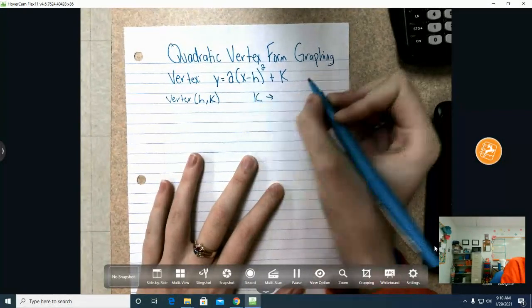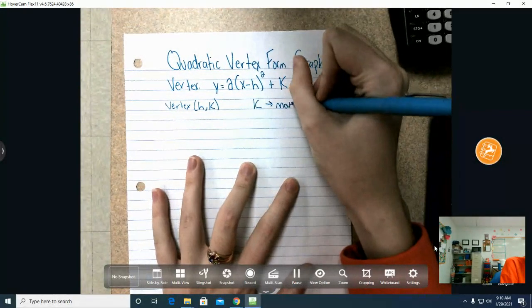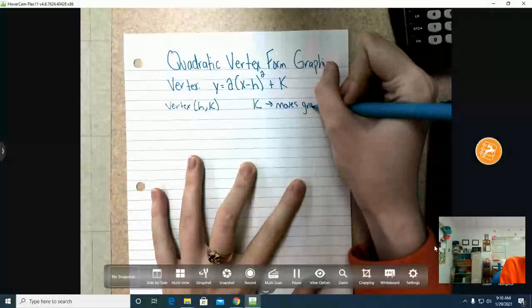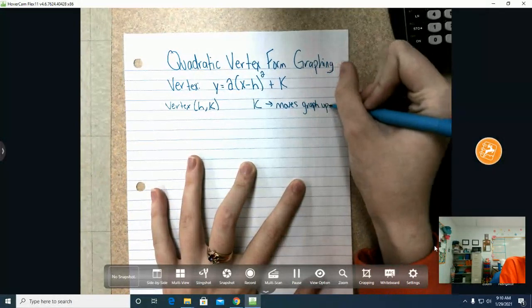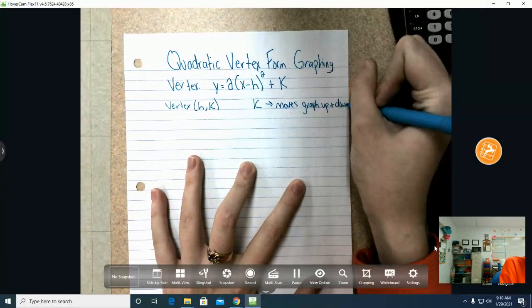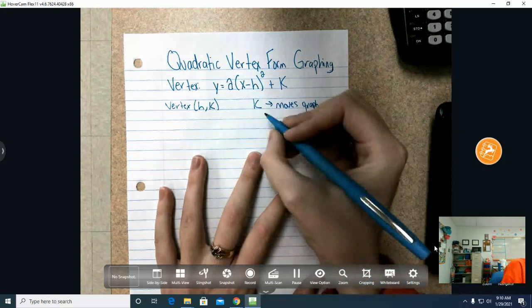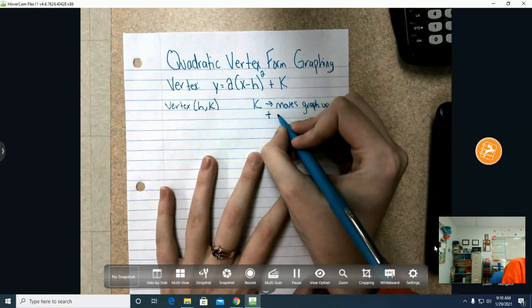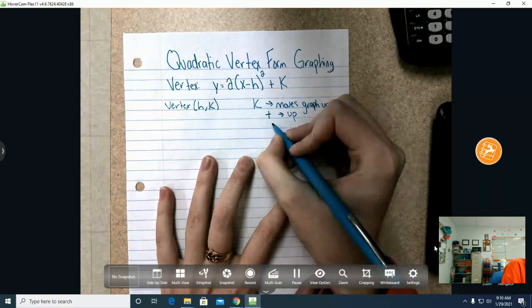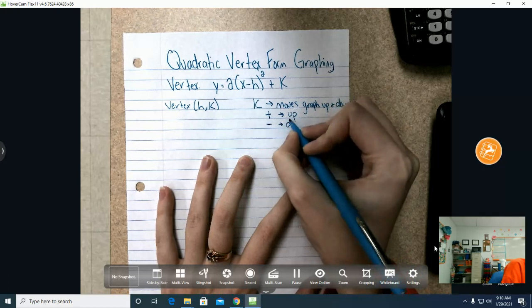The k value moves your graph up and down. So if your k value is positive, it moves it up. If your k value is negative, it moves it down.